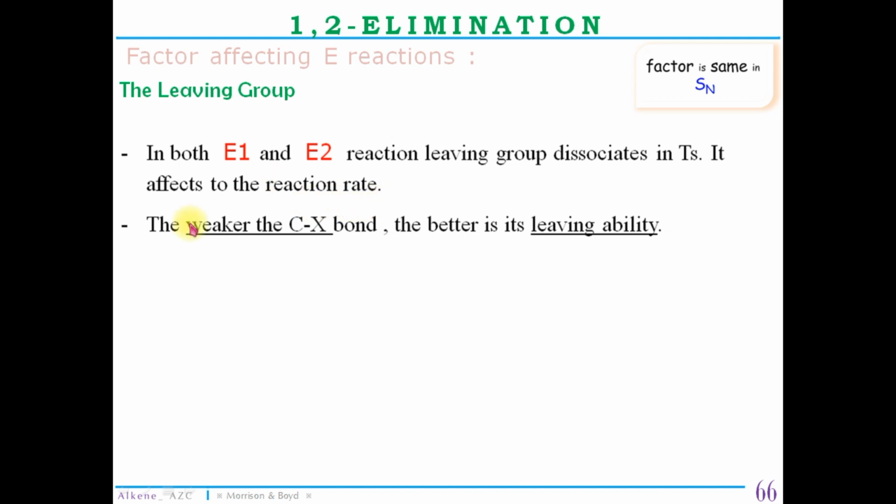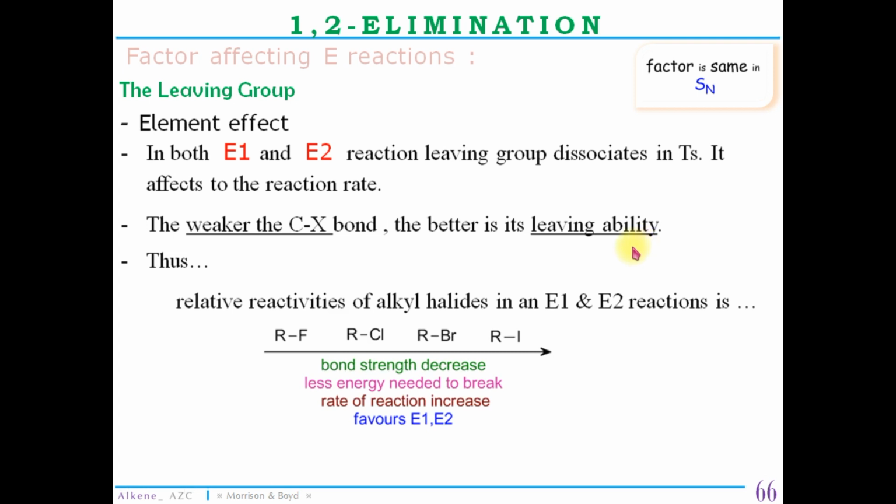The weaker the carbon-halogen bond, the better its leaving ability. This is the element effect, and we know the carbon-iodine bond is the weakest of all carbon-halogen bonds. So iodine is a good leaving group for both E1 and E2. This factor is the same in nucleophilic substitution reactions.